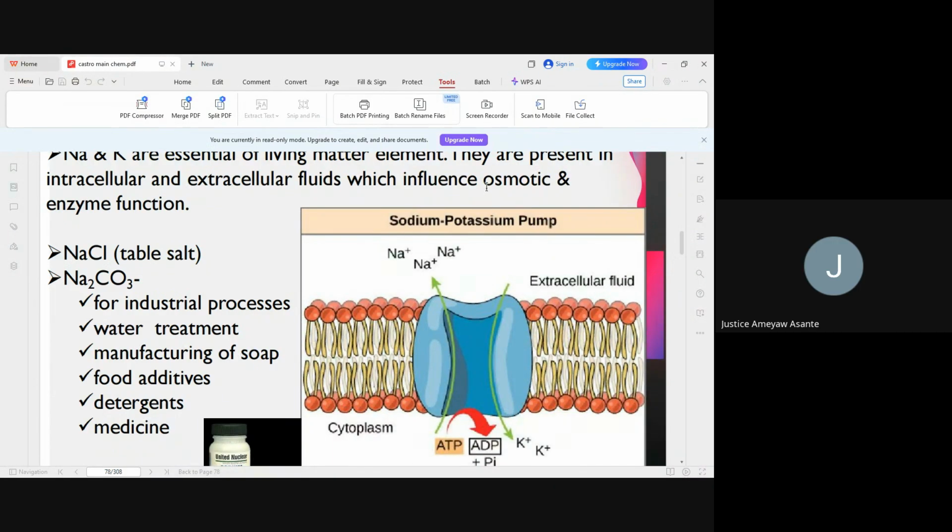This comes into being as a result of the exchange of sodium and potassium. If you don't have those ions there, when the enzymes get to this place, they cannot be transported or exchanged.